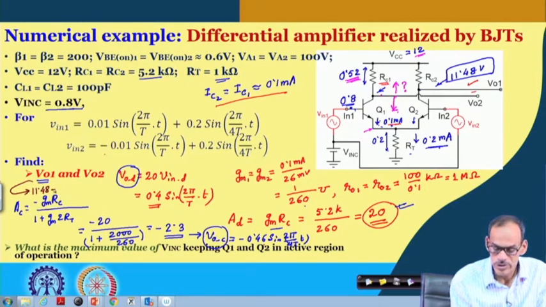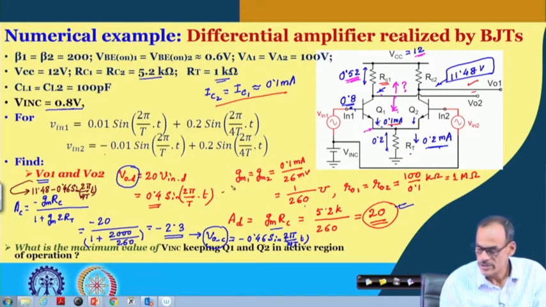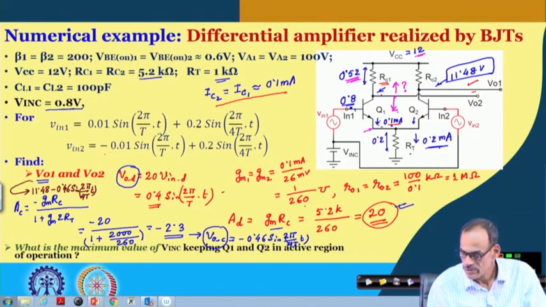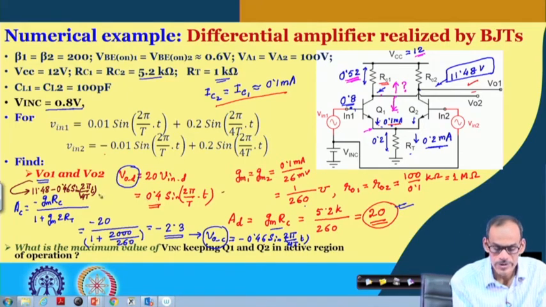This is a common mode signal, minus 0.46 sin 2 pi by 4 capital T into small t, and then half of this signal, let me use a different color here, half of this signal is plus 0.2 sin 2 pi by capital T into small t.